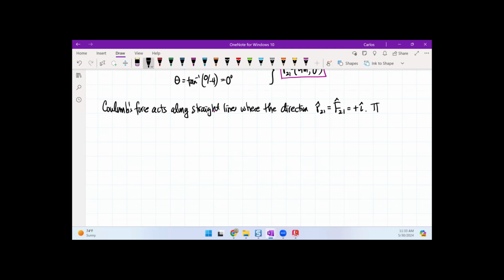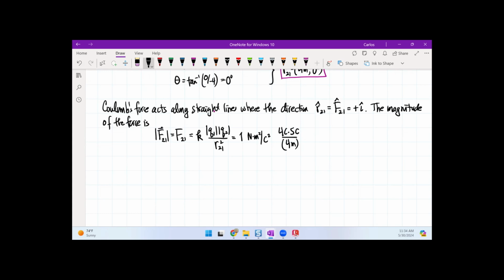The magnitude of the force F21 is equal to K times the magnitude of the charges divided by their separation squared.